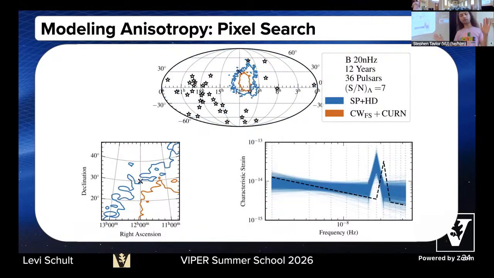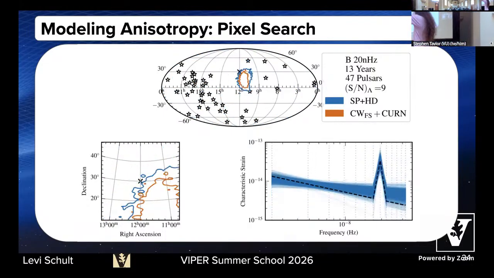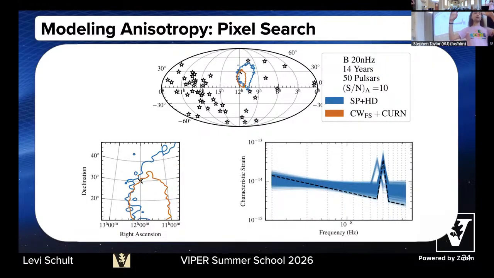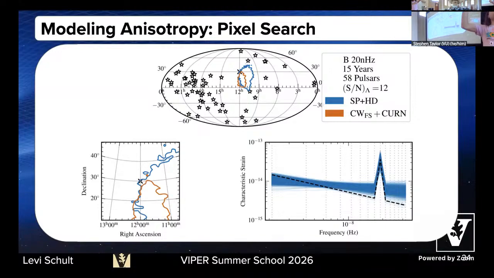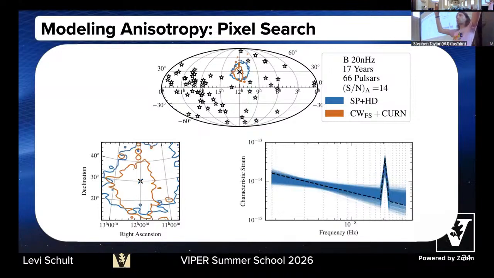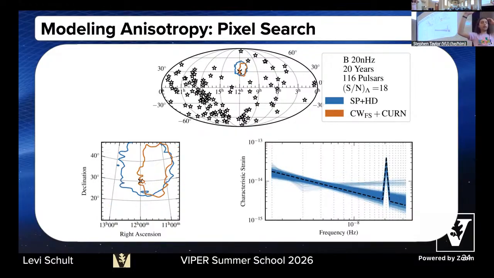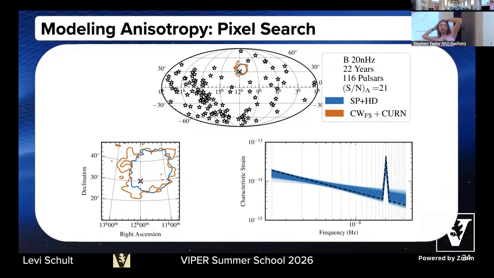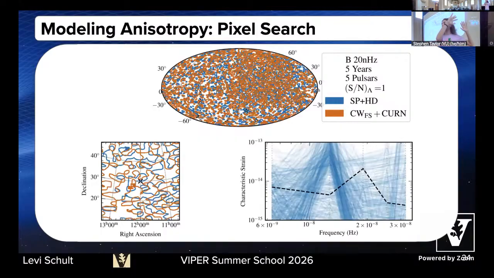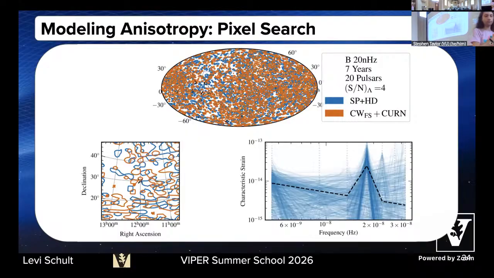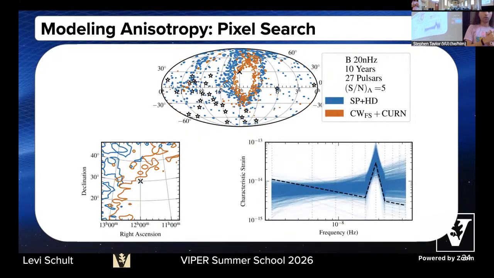Initially, the binary is not very strong and it's ill-constrained all over the sky. But as we get more data, the correlations start to really resemble that there's extra power coming from this hot spot on the sky, and that X is marking where the binary is. So it's honing in on this hotspot of gravitational wave power that is not being modeled by the Hellings-Downs curve, which is modeling the rest of the background.